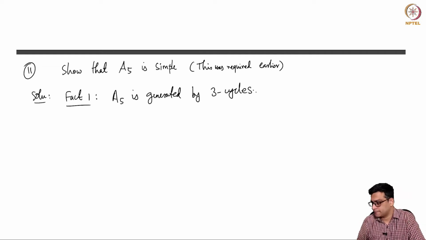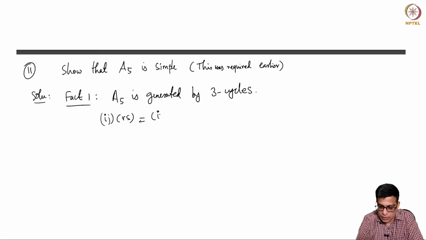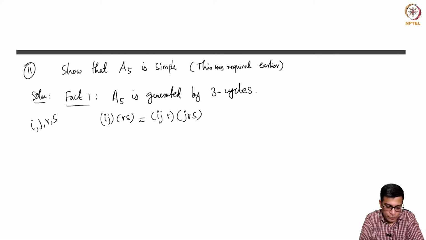So the basic idea is that A5 consists of even permutations. For example, it could be a 3 cycle, in which case it is already there, but the only real case you have to consider is (ij)(rs), where i, j, r, s are all distinct.